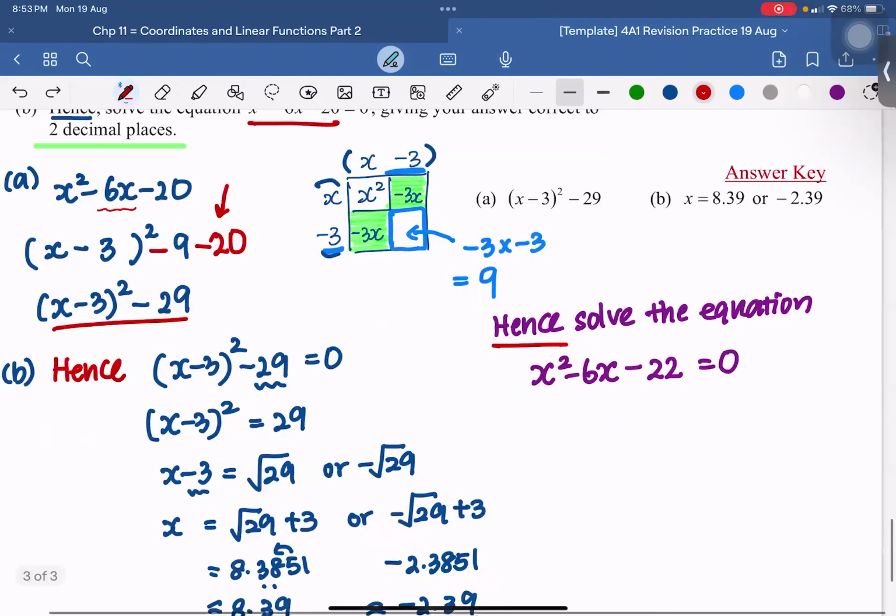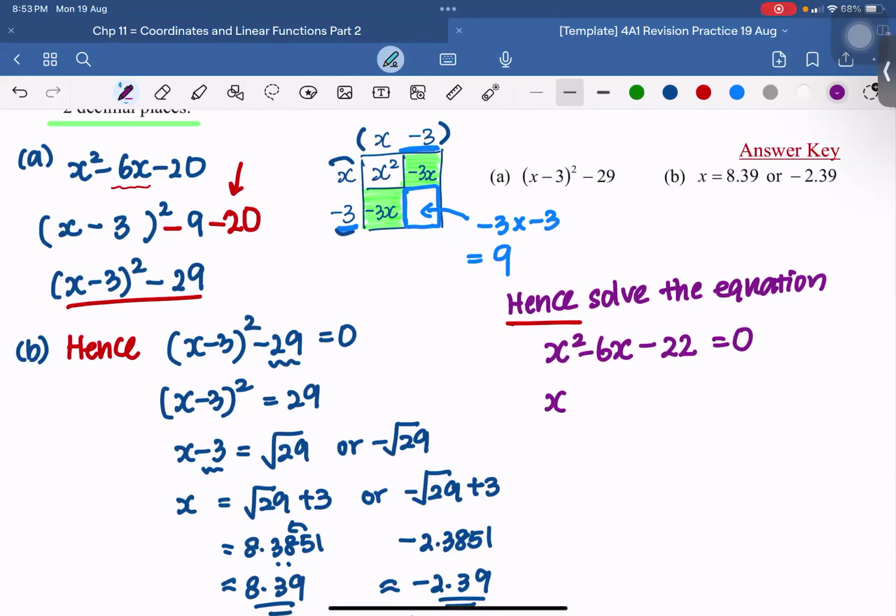So I must make x squared minus 6x minus 20 appear first. From negative 22, what do I need to do to it to make it become negative 20? Anyone?